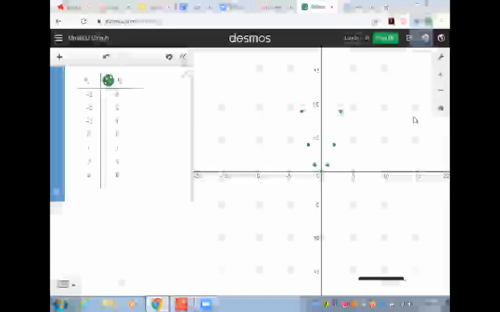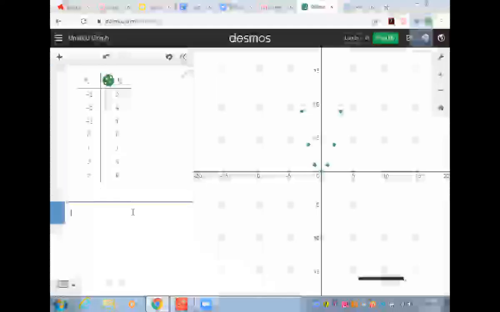If you came across a table and you typed it in and you looked at the points and you were like, that looks quadratic, how could you figure out what that quadratic equation was? I'm going to show you how you could do that in Desmos. Now, the key thing is you've got to recognize what type of function you think it is. So we think this one is quadratic. I think it's pretty easy to see.